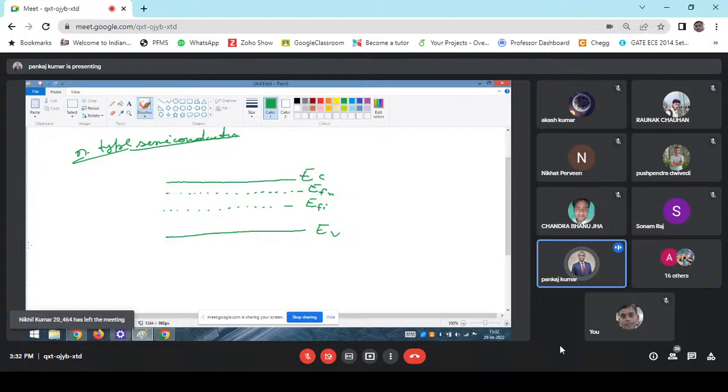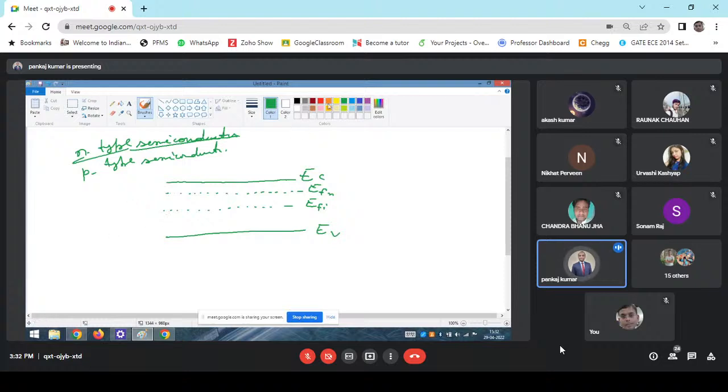And if we dope this with a p-type dopant, so in that case, what will happen? In p-type semiconductors, the concentration of holes will increase and the concentration of electrons will decrease.